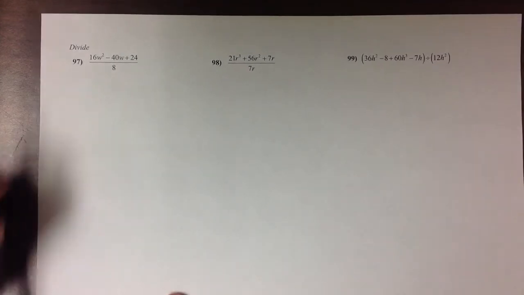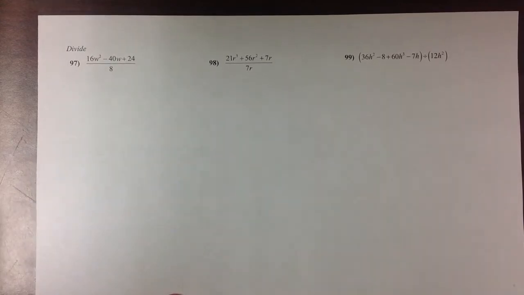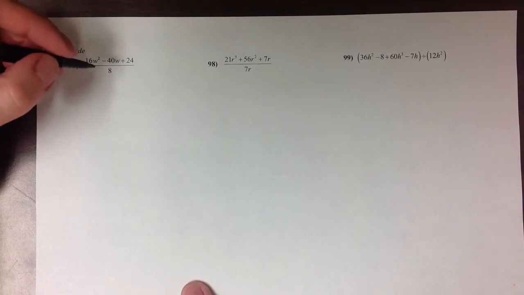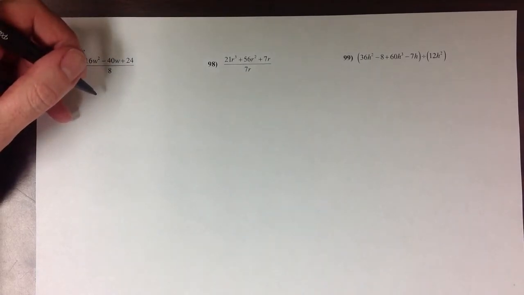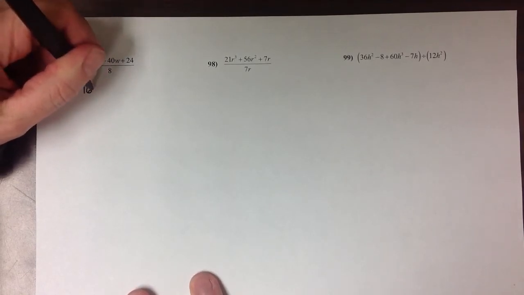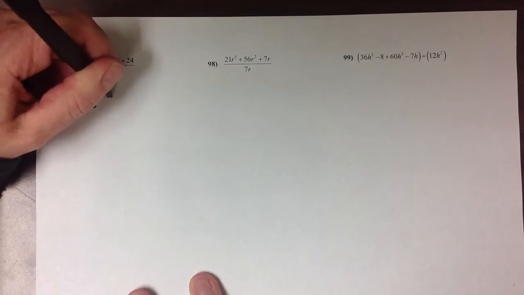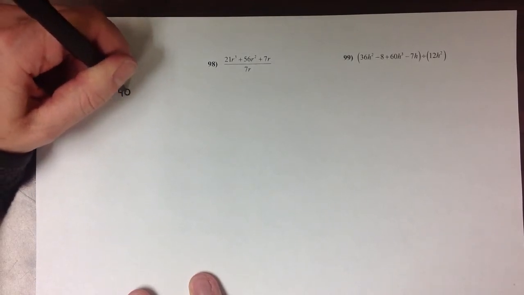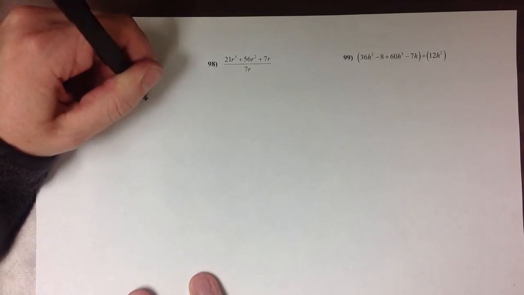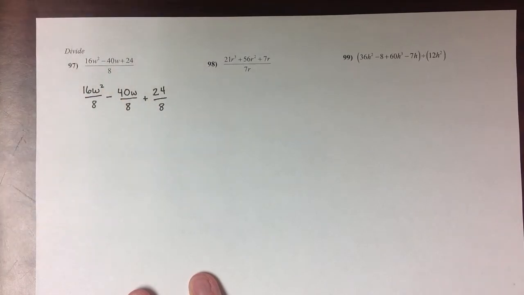In the first one, we're dividing 8 into the polynomial 16w squared minus 40w plus 24. So I'm going to do these each as individual division problems. This becomes 16w squared divided by 8 minus 40w divided by 8 plus 24 divided by 8.